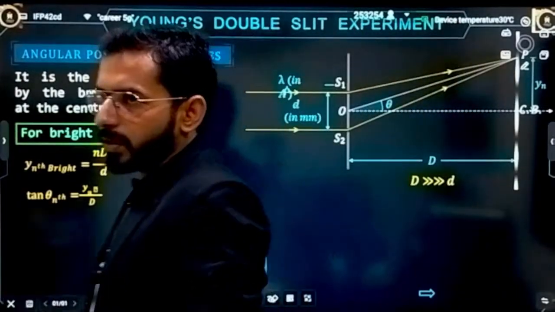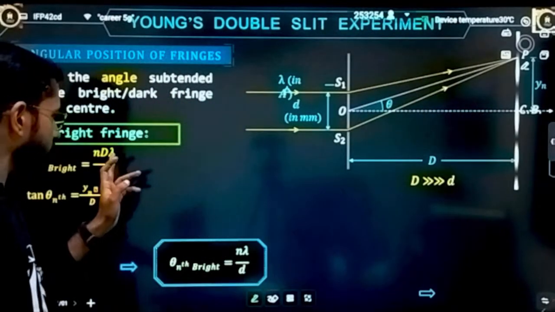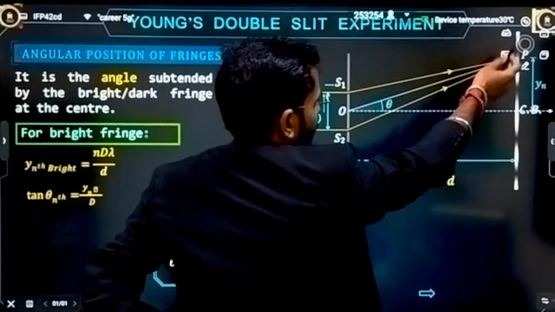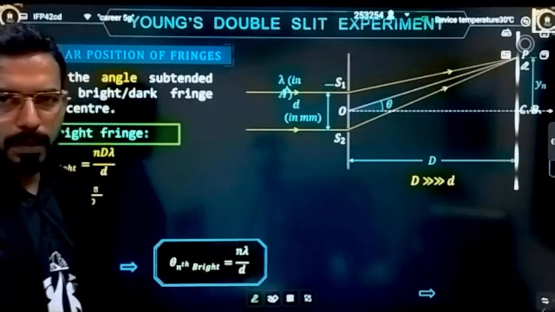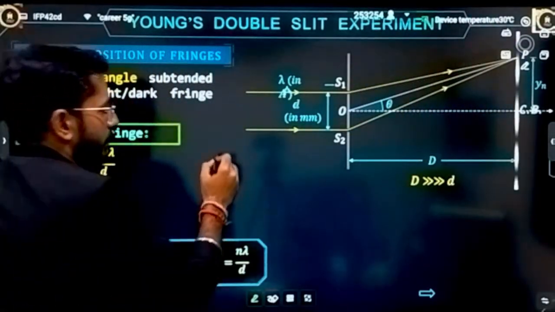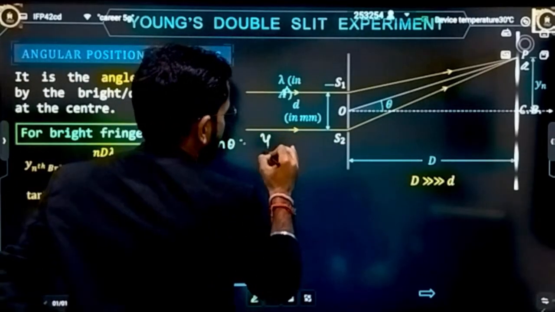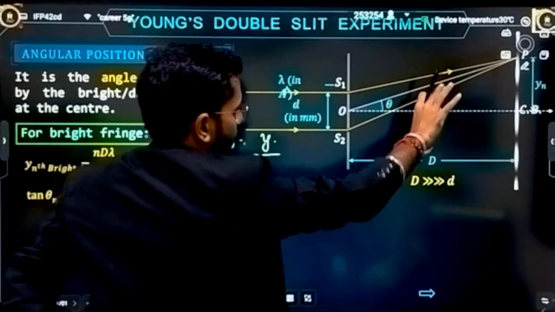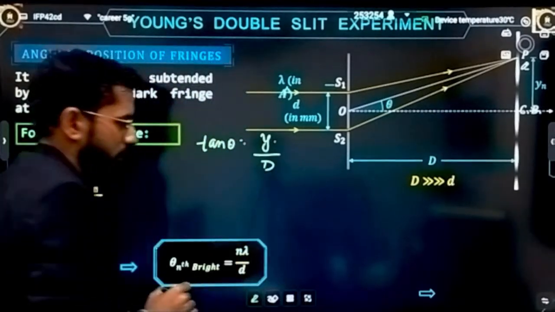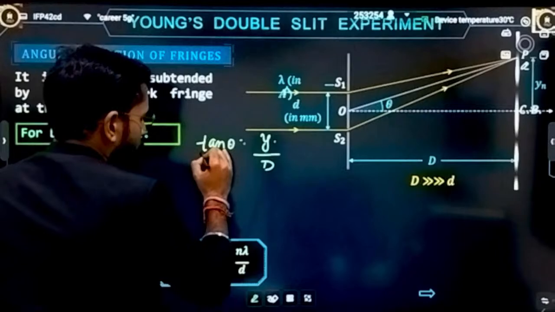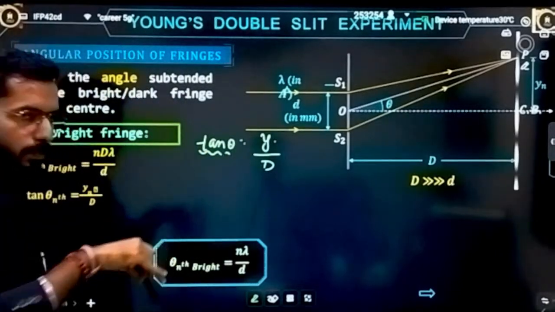See, for any general position of maxima, what is the distance you write? nd lambda by d. Let's suppose this point is maxima, so you have written nd lambda by d as the position of y. If I ask you to define tan of theta, what will you write? You will write, sir, it is equal to y divided by capital D. Correct? So I know that this theta is very small.